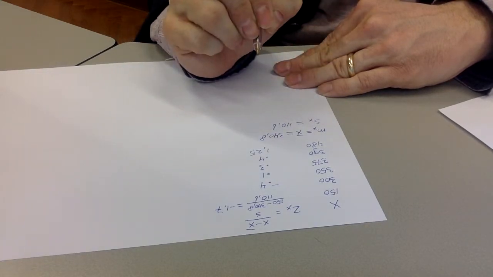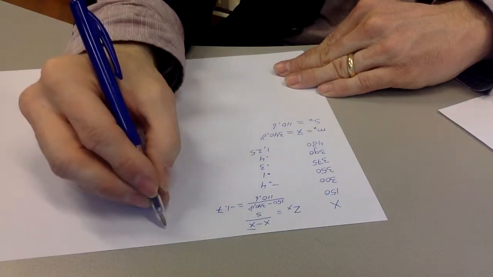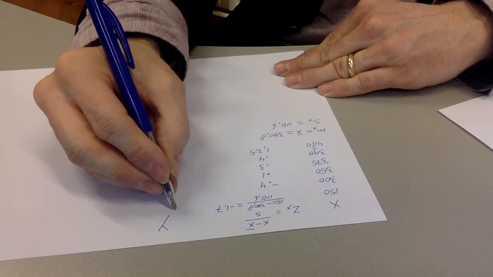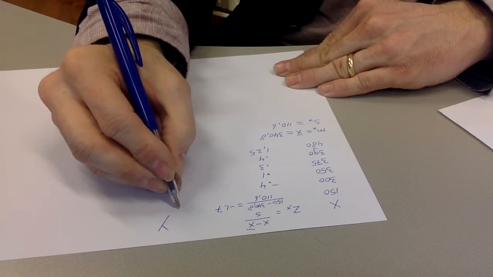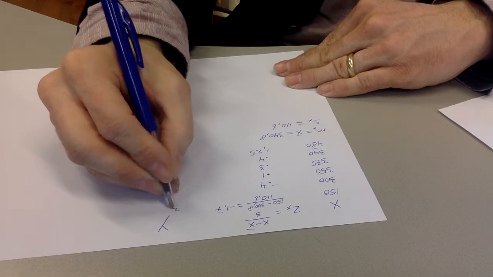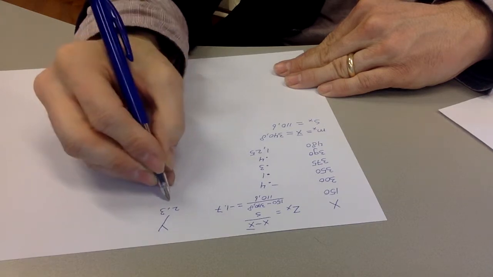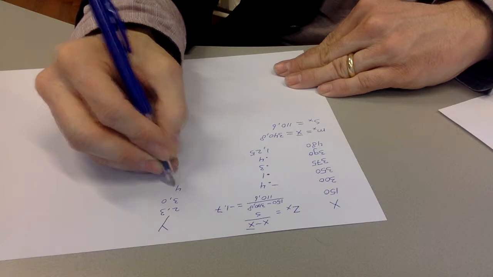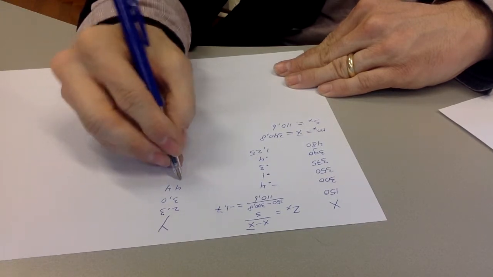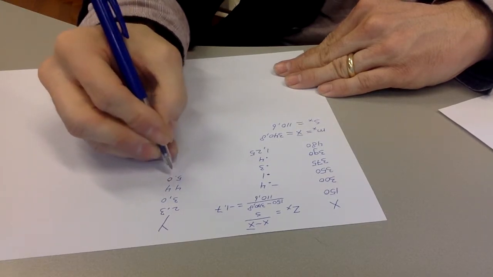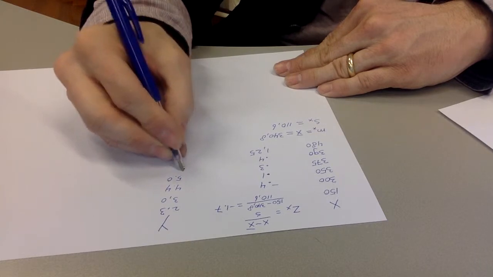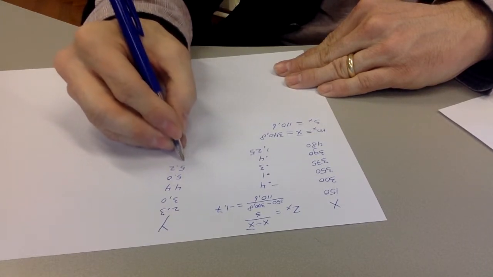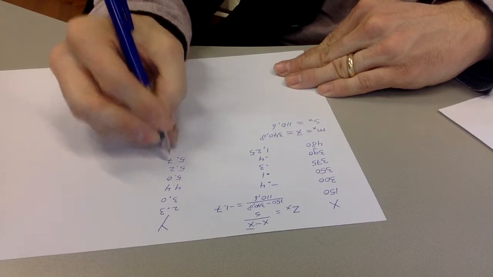This we also do for the y variable. Y, the values are 2.3, 3, 4.4, 5.0, 5.2, and 5.7.